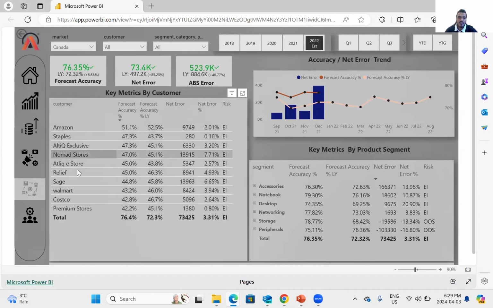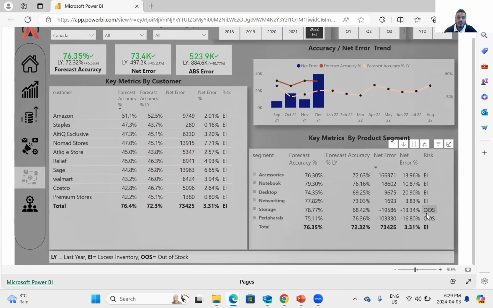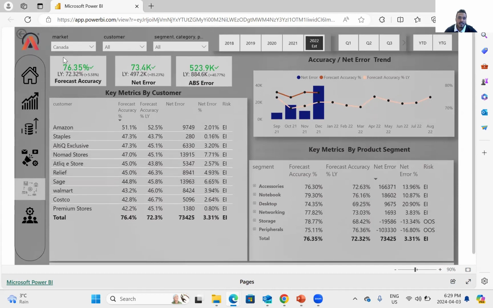They can see in Canada, the stores, the segments over here. As you can see, they have risk analysis as well to see for the production whether they are excessively manufacturing those products in their segments, or they are out of stock. As you can see, storage and peripherals, these are the segments that are majorly out of stock in the Canada market.